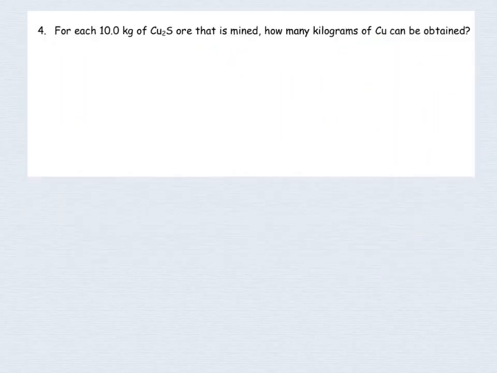Now the last example is a little bit more difficult, I suppose you could say. So it says for each 10 kilograms of copper 1 sulfide, Cu2S, I say copper 1 because sulfurs are 2 negative, therefore reverse crisscross, it would be copper 1.